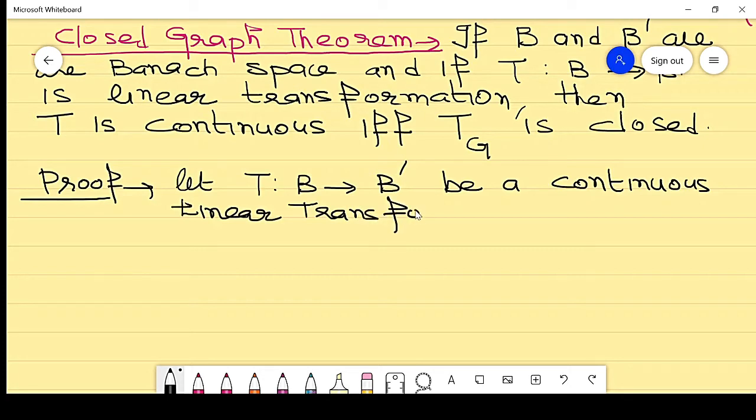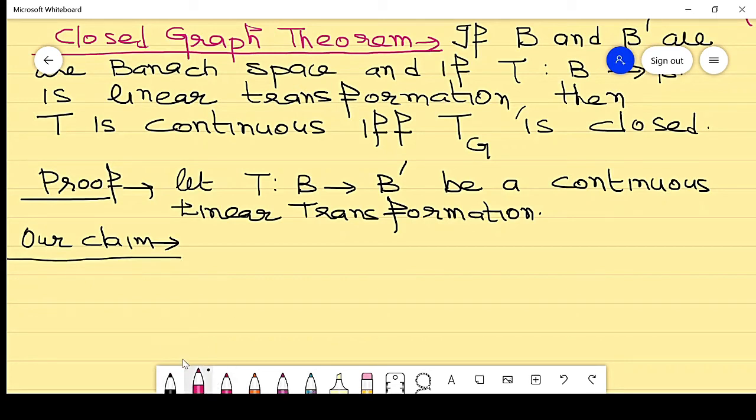I start from continuous. Our claim: just divide the theorem into two parts, one is given and the second is to prove. So my claim is TG is closed. TG closed means its closure is equal to TG.